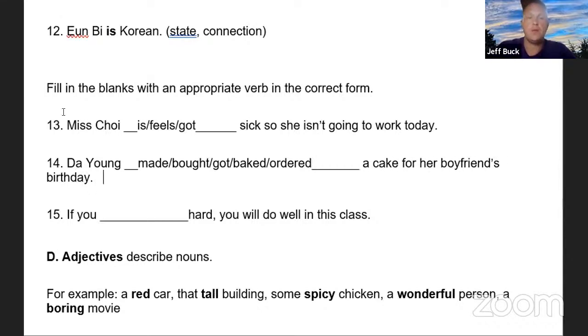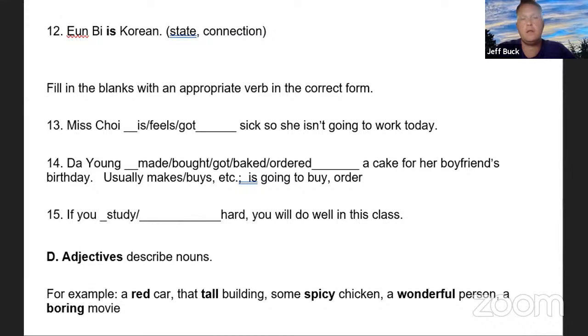Or you could change the tense and say usually makes, buys, etc. Or you could say is going to buy, bake, order, etc. Good. And number 15, if you study hard, work hard, try hard, you will do well in this class.